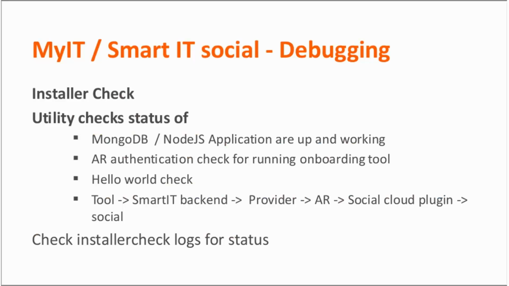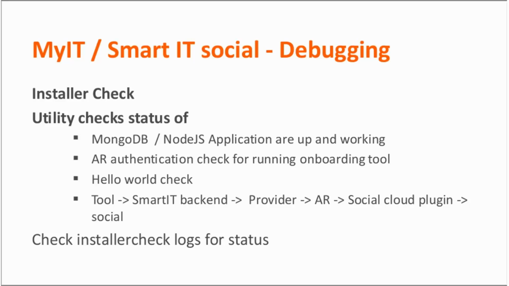I would like to give you a few tips on how you can debug your SmartIT or MyIT instance. One is the installer check utility. It is used to know whether your MongoDB instance is up, or if your Node.js application server instance is up and running.